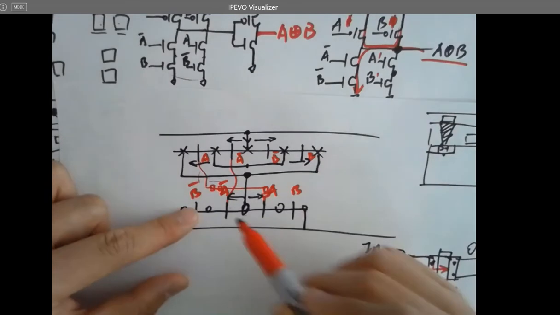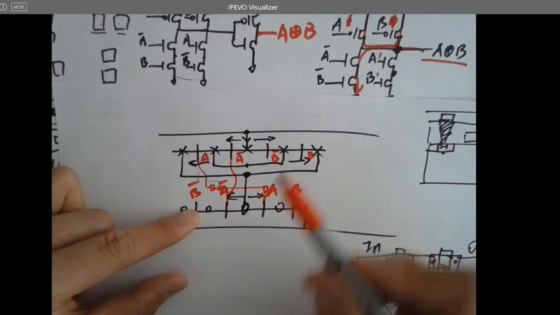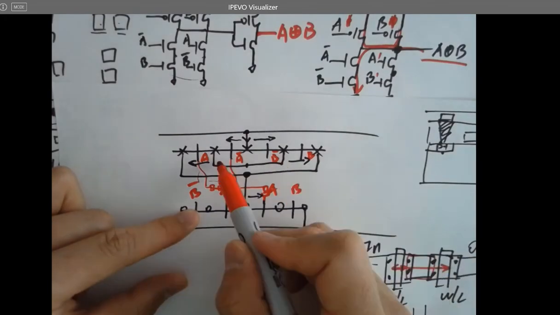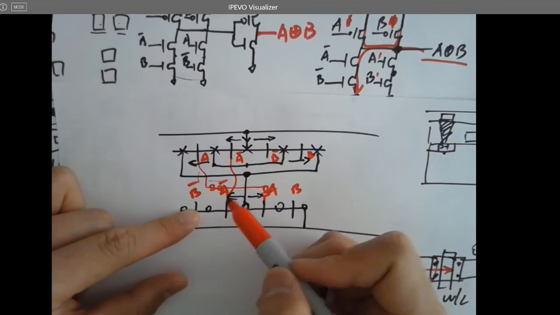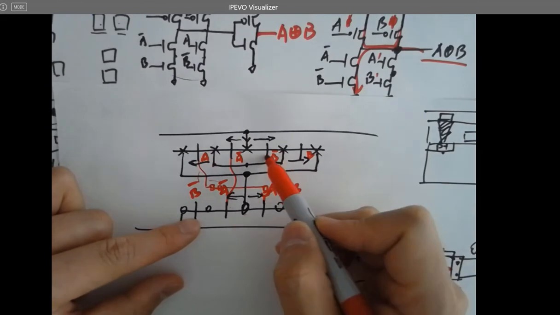B knot. You have a B knot here, you have a B knot here as well. It's also B knot. Wait, B knot is here. Sorry, it's a gate.